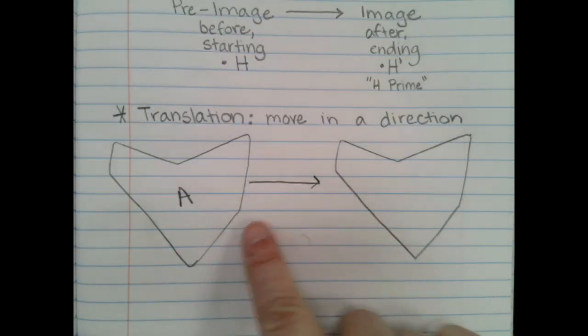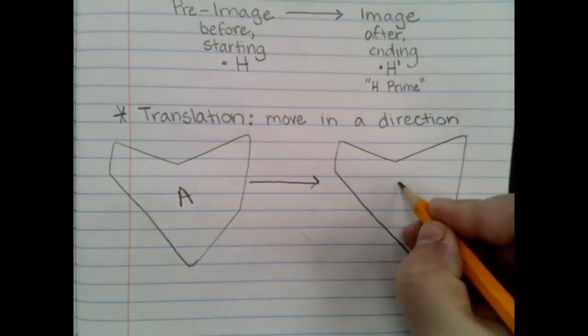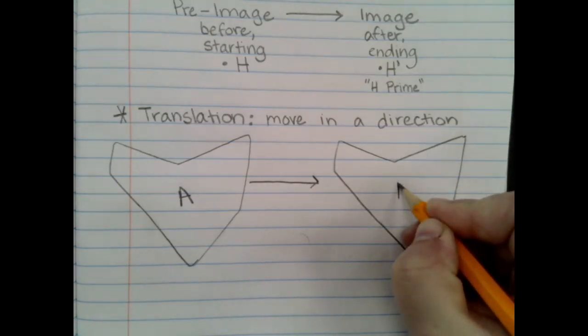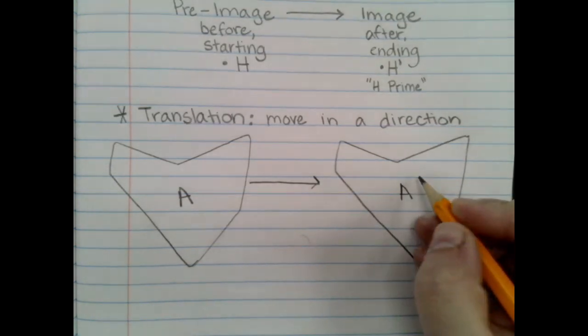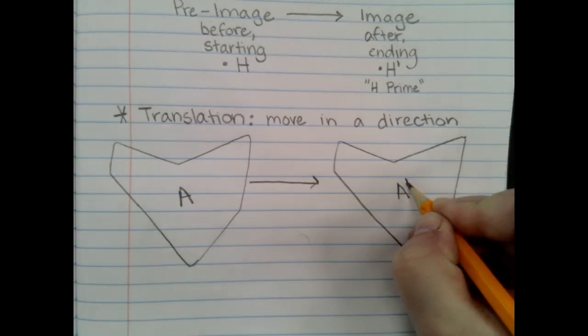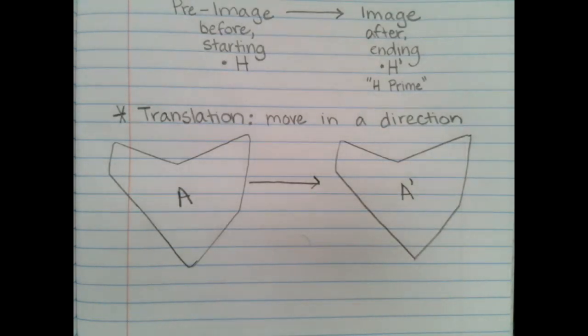Now it looks like exactly the same shape, but this shape is changed. It came from shape A, and we did a transformation to it. So we're going to say A prime. Put that little tick mark up there. Apostrophe, if you will. All right, and that's what a translation means.